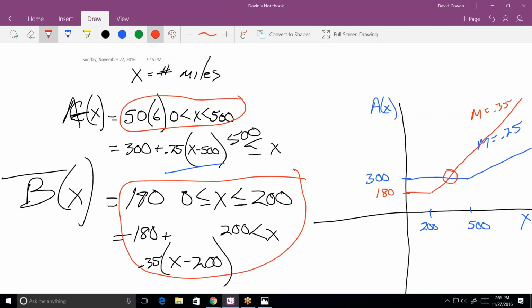So we'll use this function, set it equal. In other words, this part right here that I just circled in red has to equal 120. The moment that equals 120, then my cost is the same between the two plans.